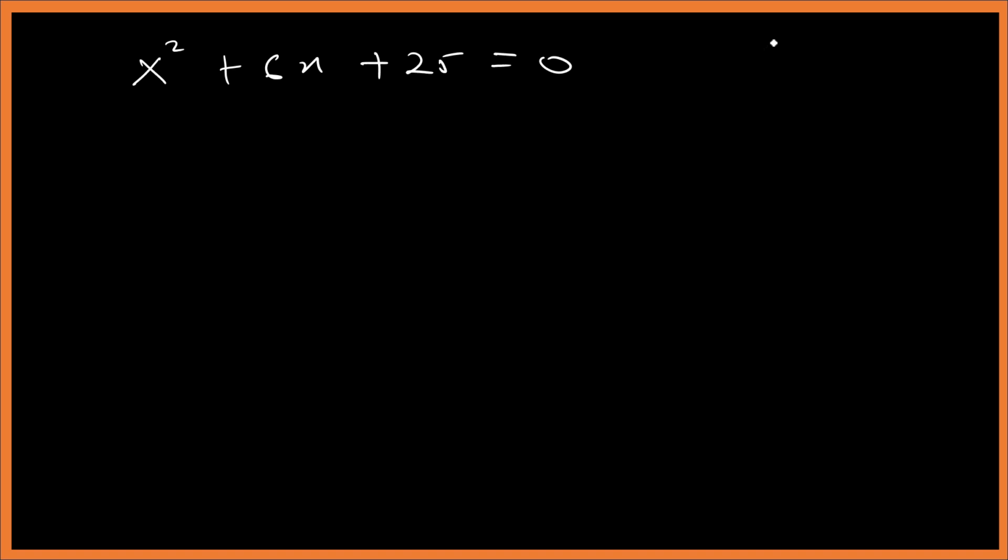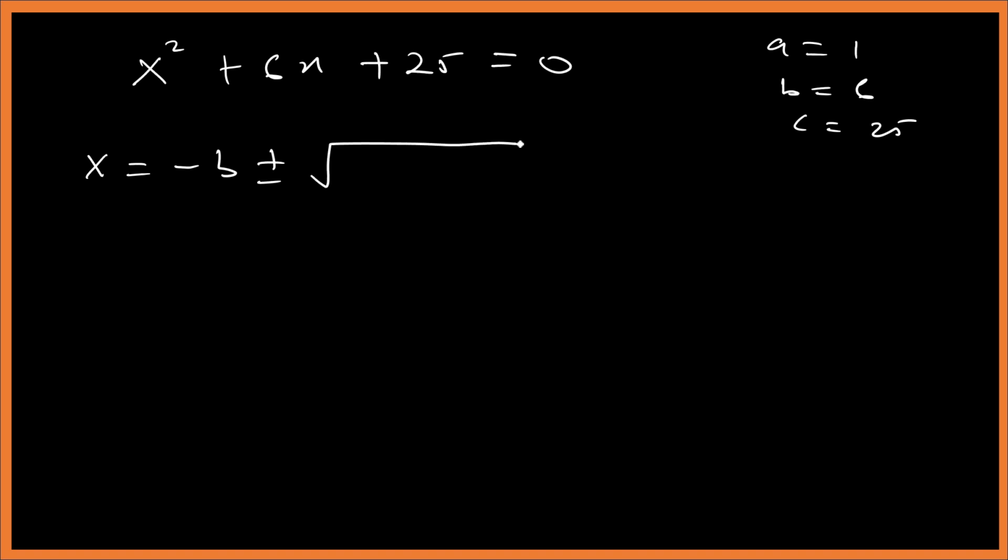So we have a equals to 1, b is 6, c is 25. So we have x equals minus b plus or minus square root of b squared minus 4ac, over 2a.